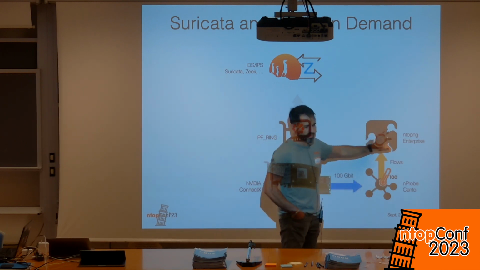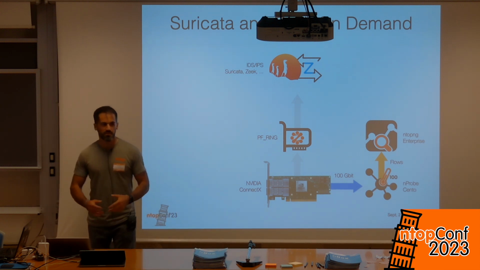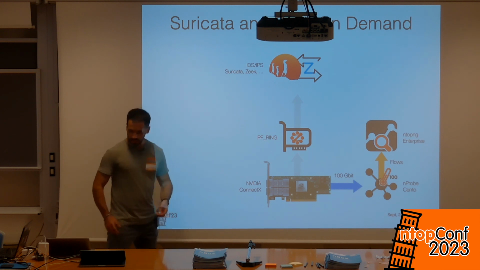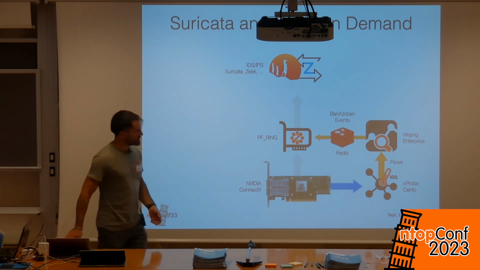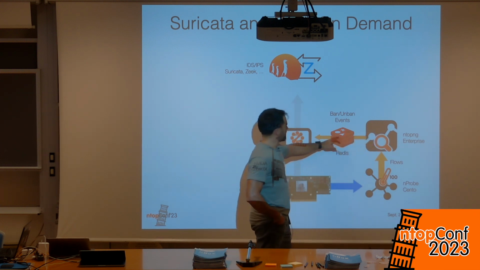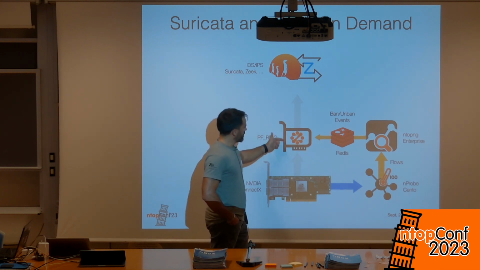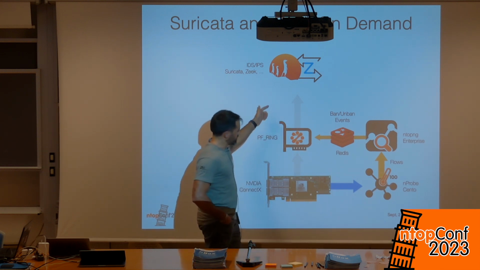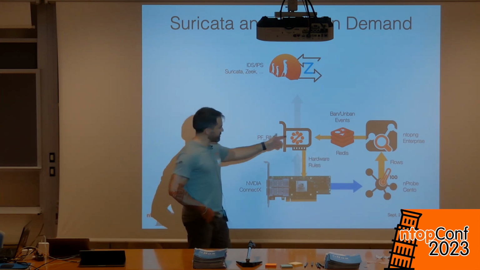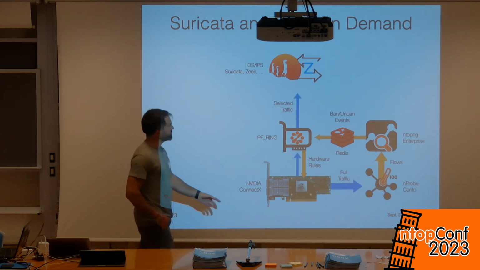In ntopng we have what we call the behavioral checks. So we are able to detect if a host is misbehaving, so it's doing something strange. So the idea is that whenever a host is doing something strange, we push a filtering rule through Redis to the capture component running in the IDS, which in turn pushes a filtering rule to the adapter, which then sends selected traffic to the IDS.